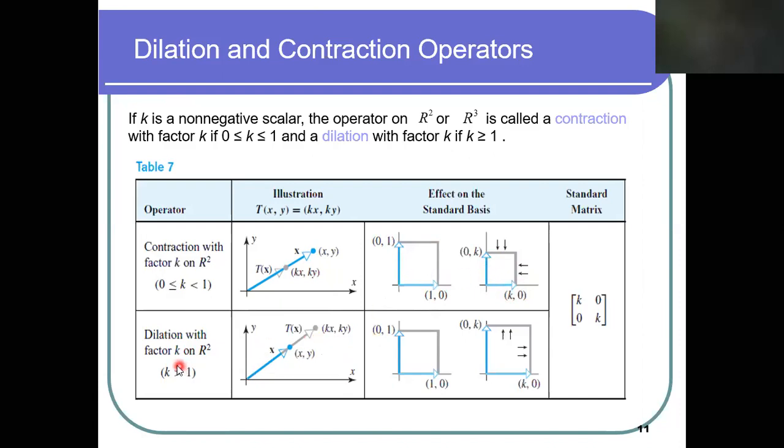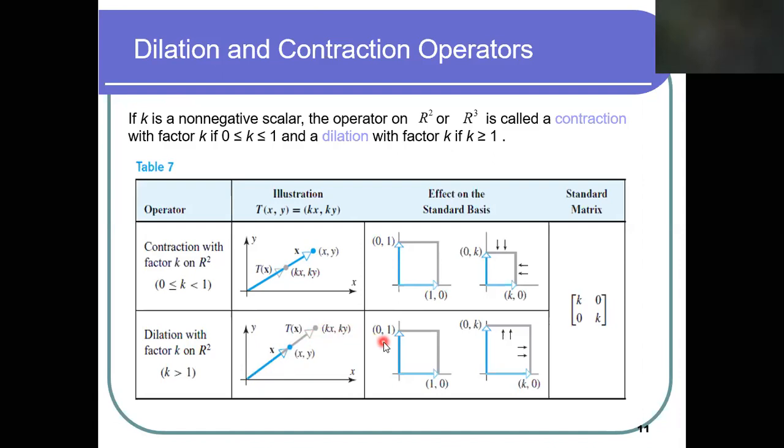Now the dilation with factor k on R2, if k is greater than 1: if the vector goes from 0 to x, and you apply T on this x, the length of this vector will increase, and it will go from 0 to kx and ky.